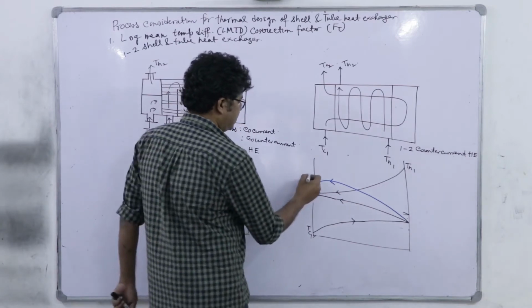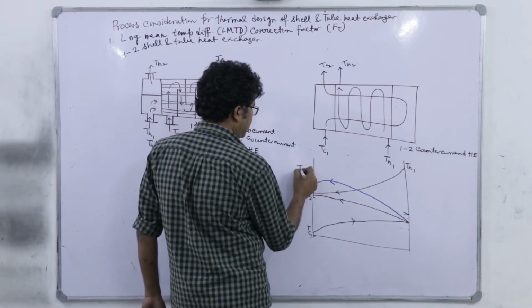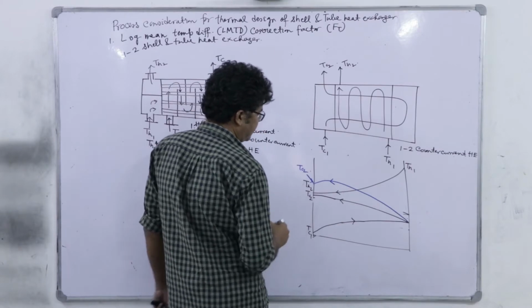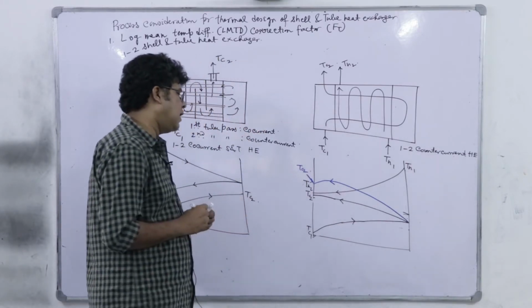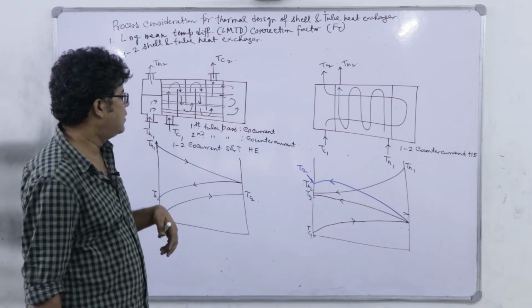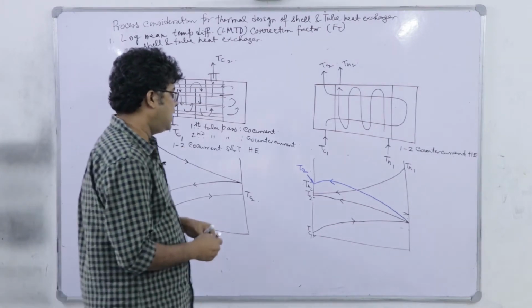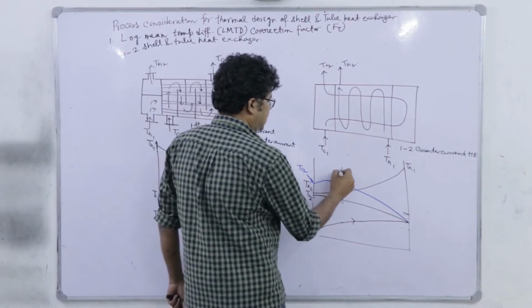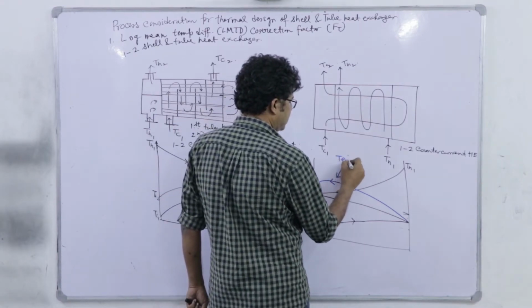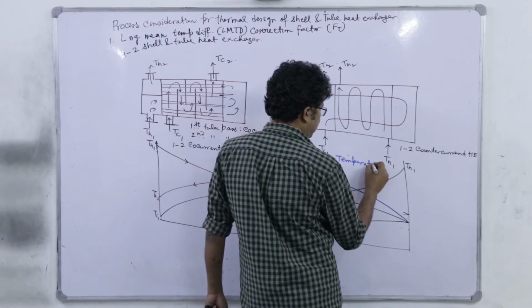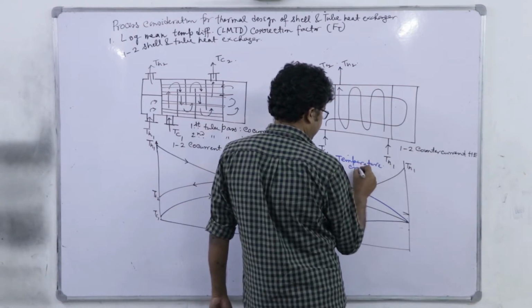So, in that case, this one will be TC2. So, the local temperature or the outlet temperature of the cold fluid will be higher than the outlet temperature of the hot fluid, and this phenomenon is called temperature cross, and that is not at all desirable.